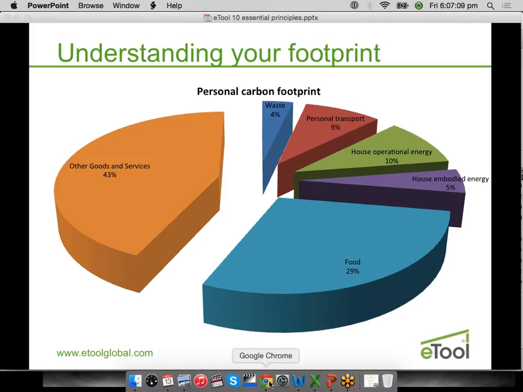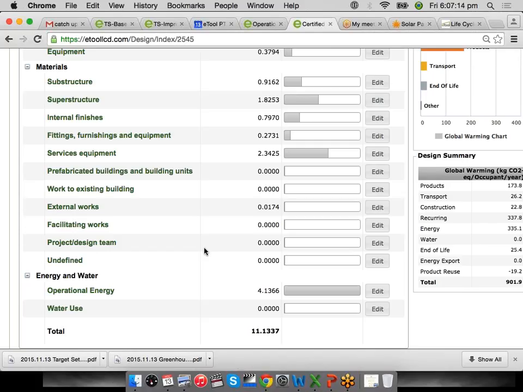Ultimately, when we're looking at per meter square, we have to get it down to 0. That's the ultimate goal: design zero carbon buildings. That's the ultimate goal for eTool and I guess for all of us as designers, builders, engineers, architects, to make sure that building is contributing to the environment, not impacting. So we're getting there.